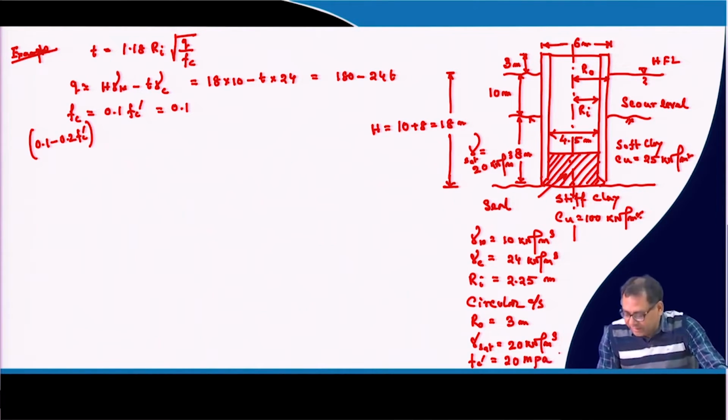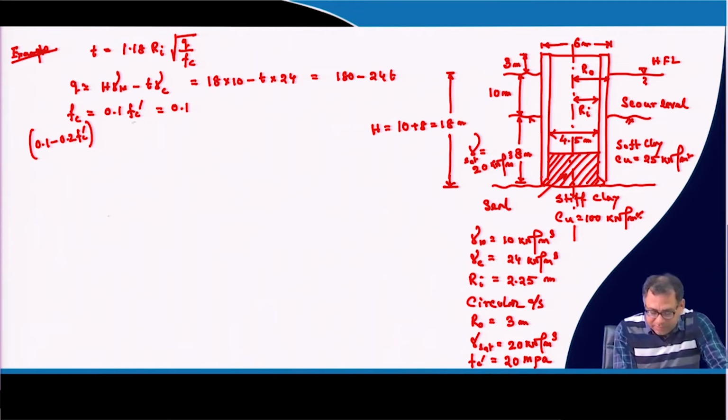So, on this side all the known properties are given, and on this side we are calculating the unknowns.